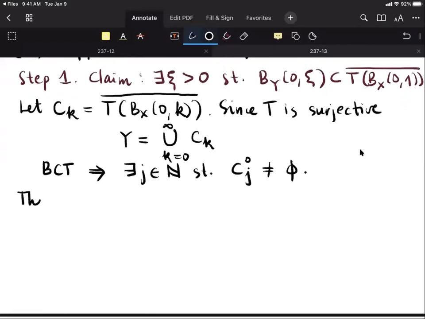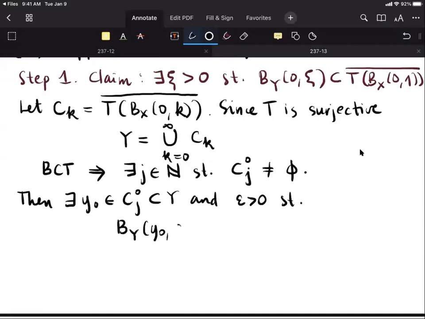Then, from this, we can find an element y naught in Y, or if you like, in the interior of Cj, which is a subset of Y, and a positive epsilon greater than 0, such that the ball centered at y naught with radius epsilon is contained in this open set, namely the interior of C sub j.